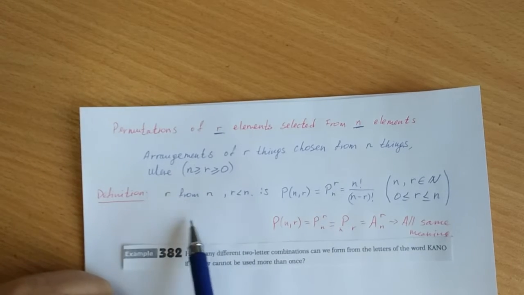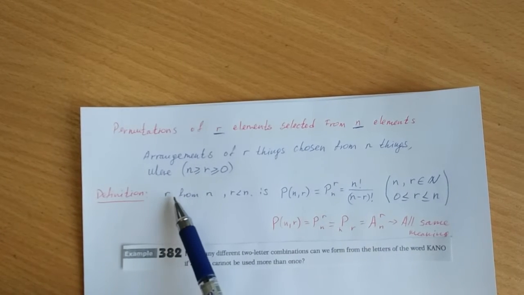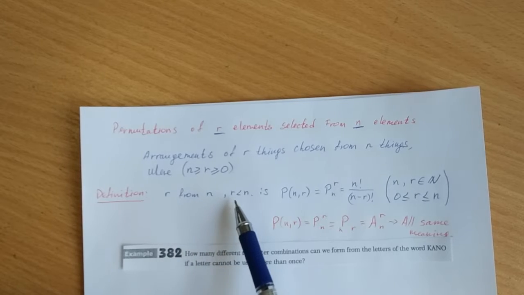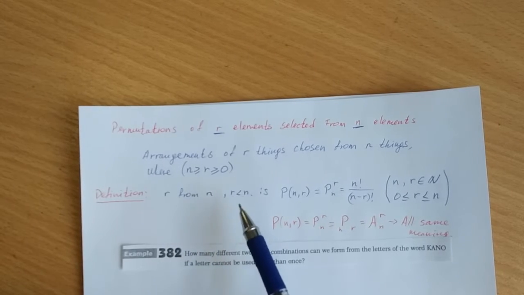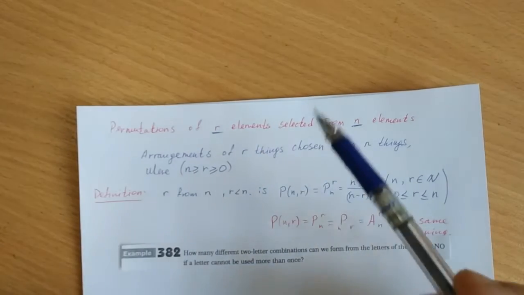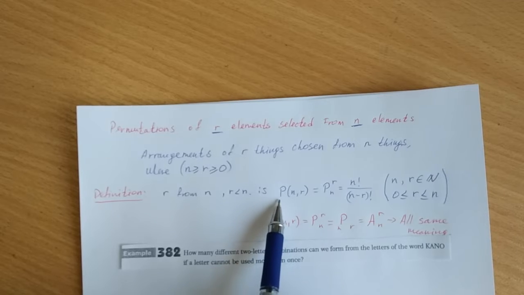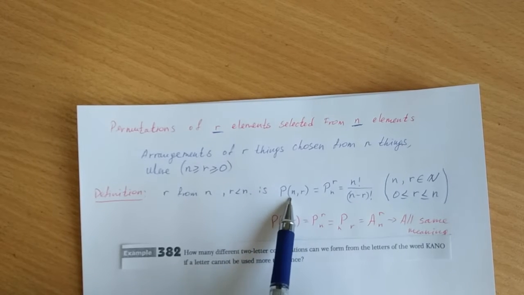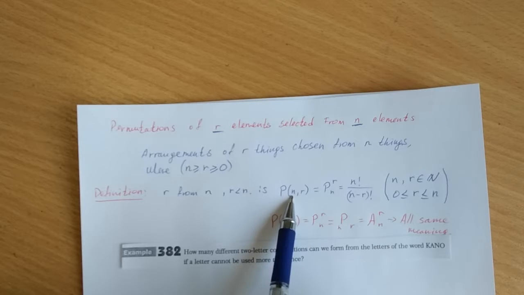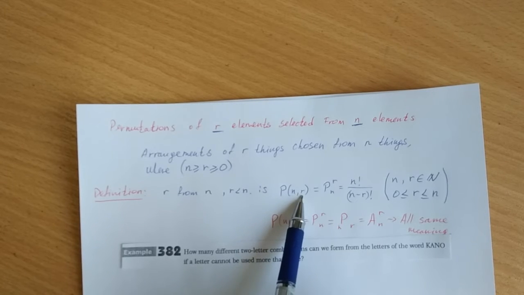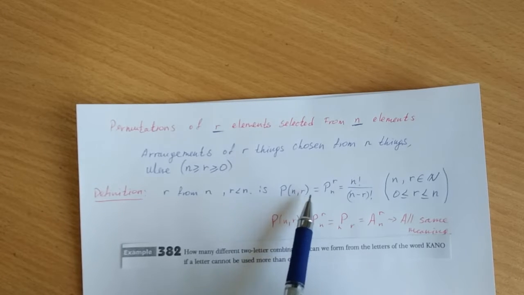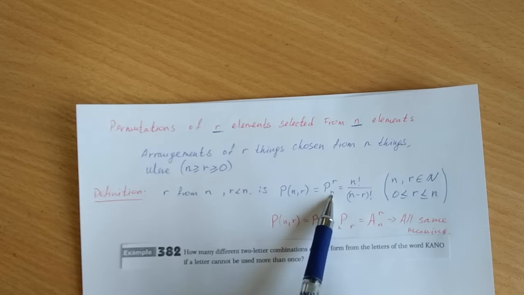Okay, so the definition is here: r from n, where r is less than n. We can write it using the permutation in this form, P n r. That means from n elements we are selecting r. Or we can show it in this way also: in the down part we have n, upper side we have r.